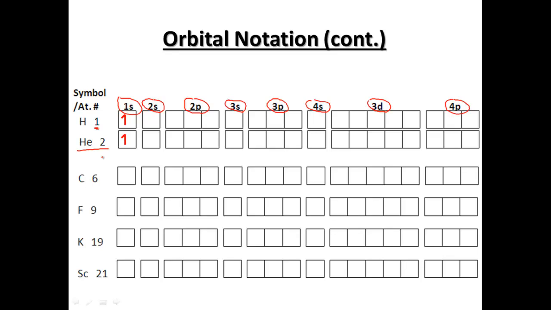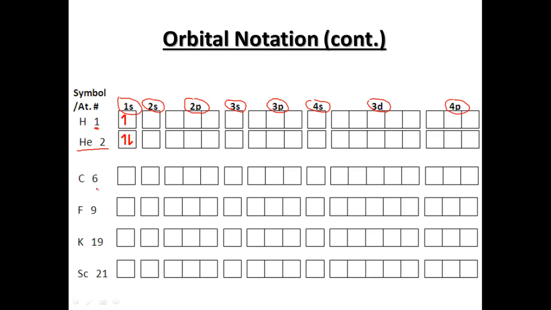So we put 1 electron facing up and 1 electron down. So the 2 total electrons in helium are in that 1s orbital, and that's all the electrons that can fit there. If there were more electrons, we would need to put them in the second energy level, and more electrons after that would fit into the next energy level.